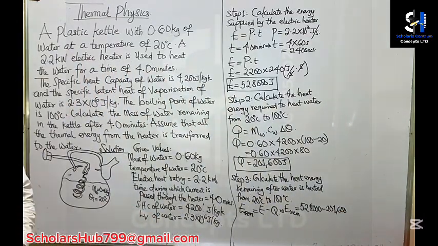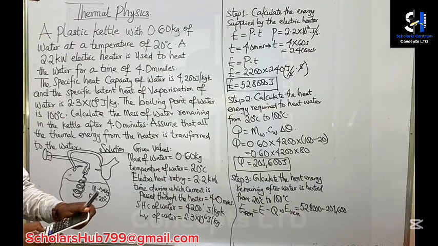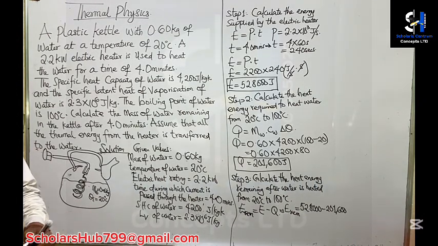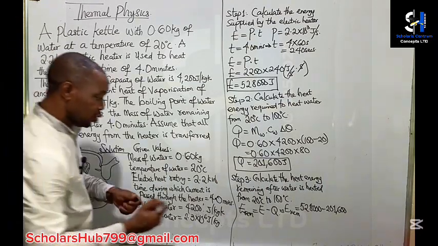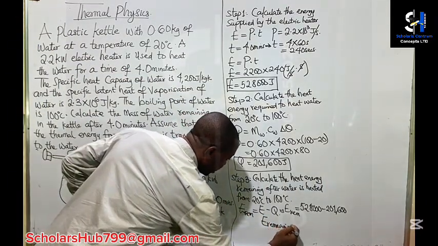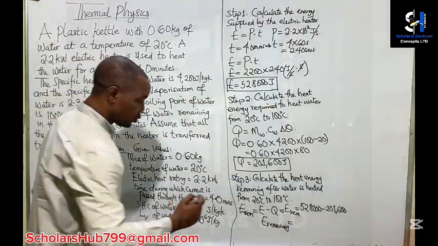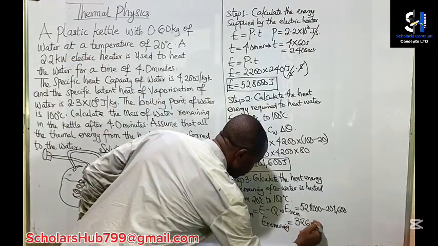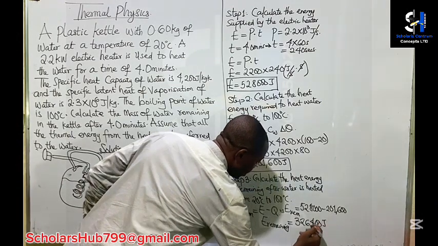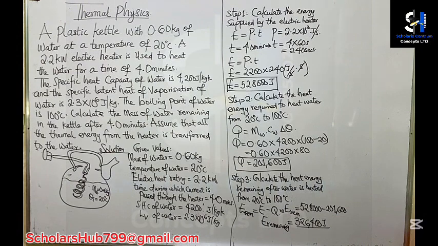Let's get the heat energy remaining. 528,000 minus 201,600 will be 326,400. So the energy remaining will be 326,400 joules. That's the energy remaining.